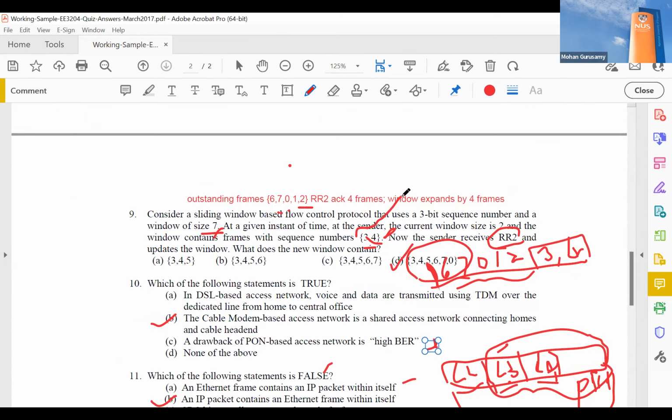When you say the window has 3, 4, that means in future, the sender is permitted to send 2 more frames whose sequence numbers are 3 and 4. So the window does not show the frames which were sent out. The window shows the sequence numbers of the frames which it can send in future. So 2 means 2 is an outstanding frame. It has already been sent out.